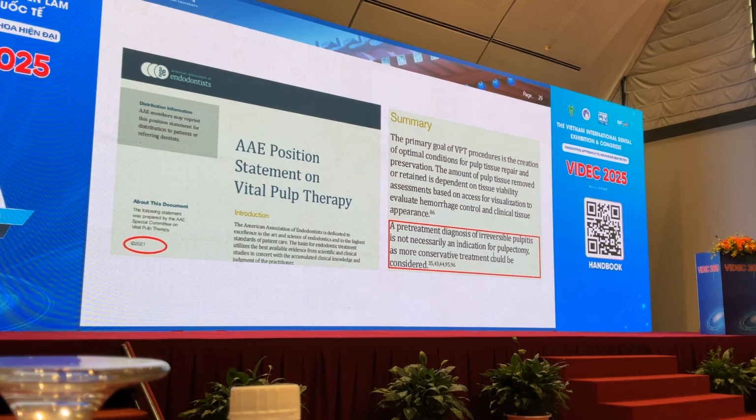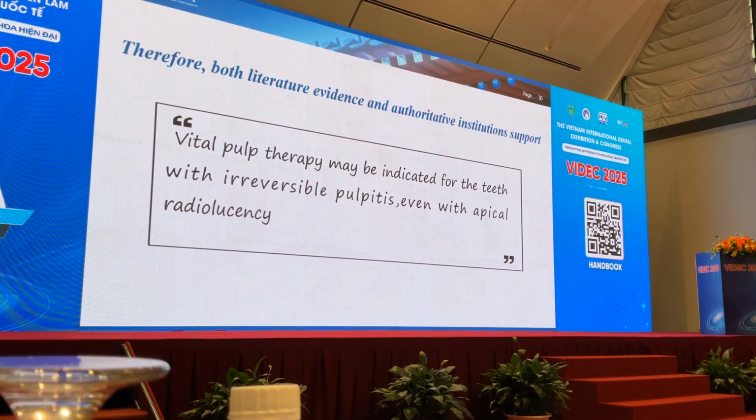So now, both literature evidence and institutions support that vital pulp therapy may be indicated for teeth with irreversible pulpitis or even with apical radiolucency. So it's reasonable for us to attempt vital pulp therapy for teeth even with large radiolucency. We should do everything we can to keep them vital, especially for young permanent teeth, right?